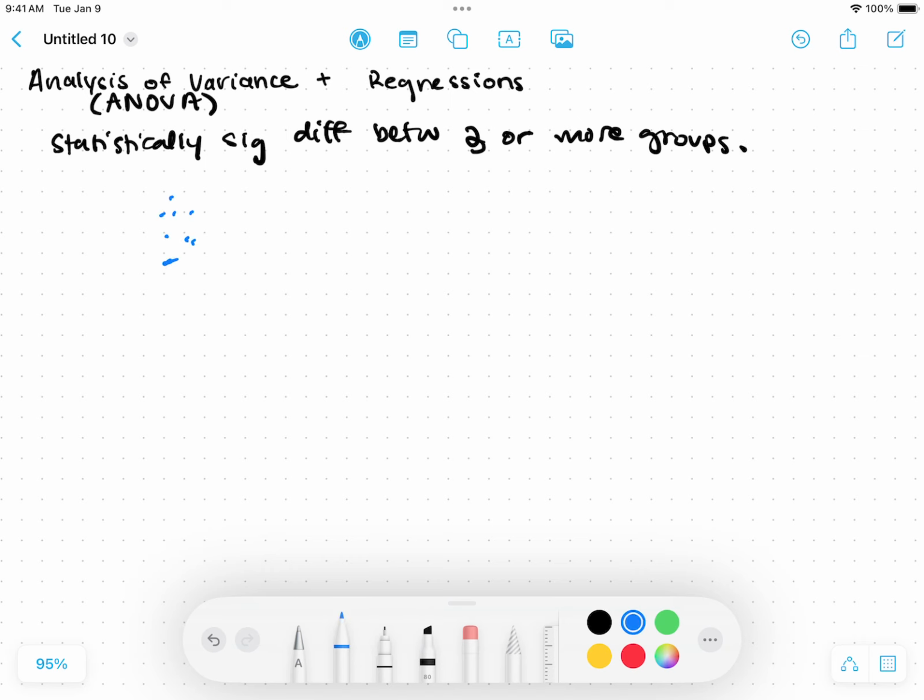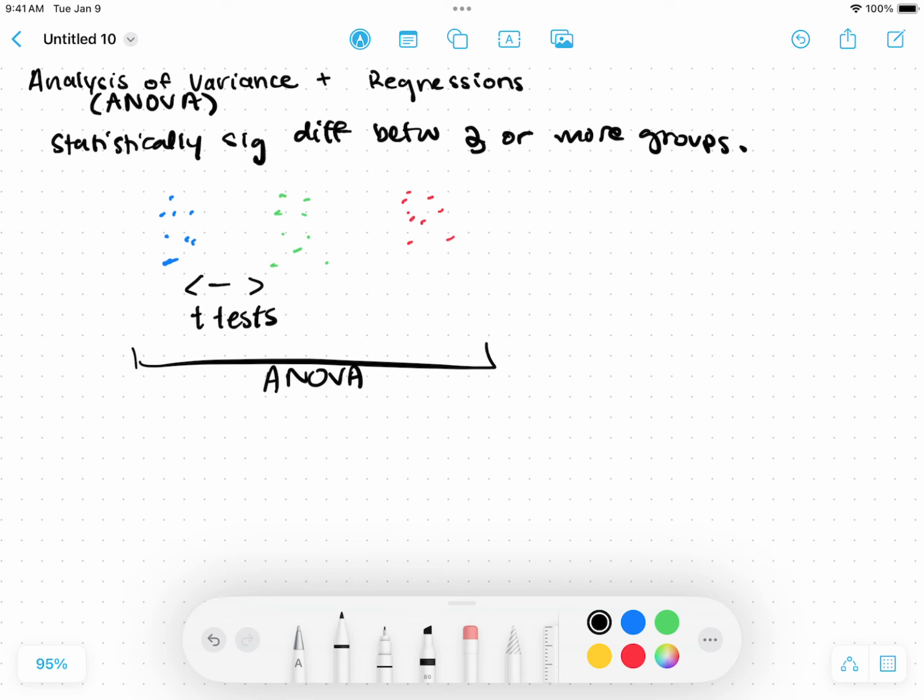Remember that when we want to check the differences between 2 different groups, we can use t-tests. But now that we have this third group, we are going to check the significant differences between them using our ANOVA.